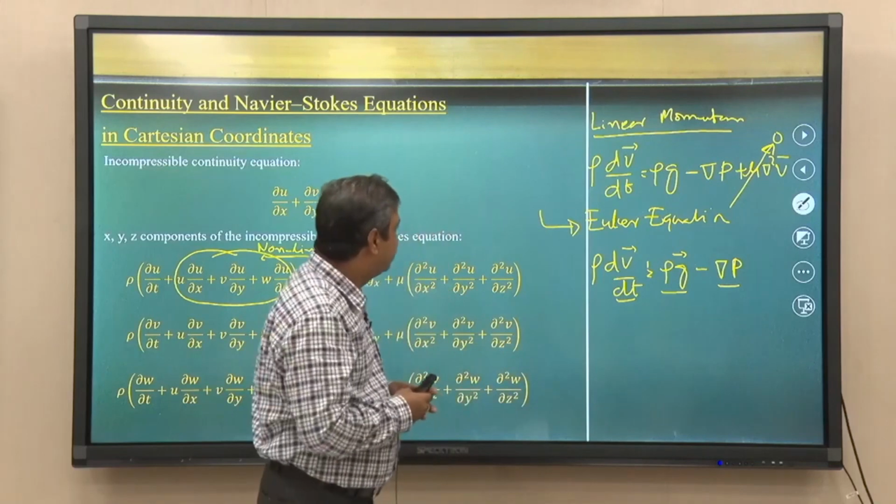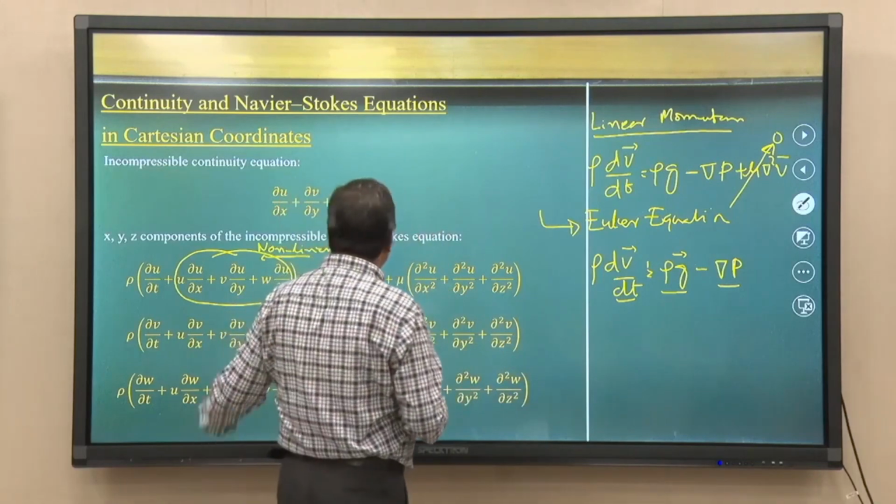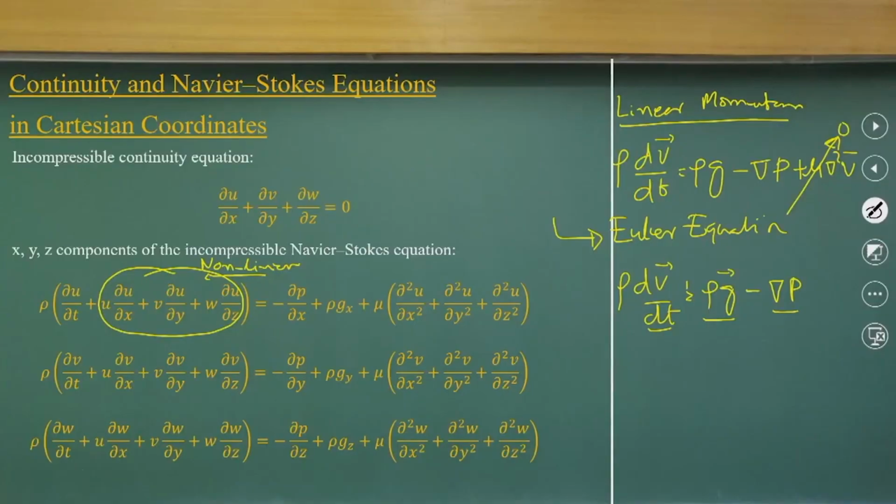Now, if you look at these terms, this dv by dt, if I expand it in vector form, I will have a local acceleration component, which is with respect to time, and a component v dot grad.